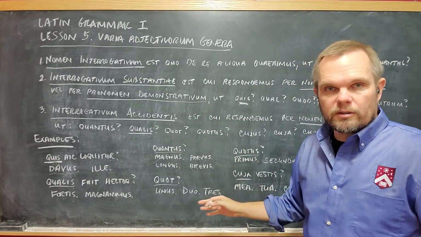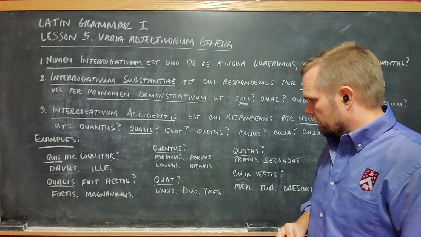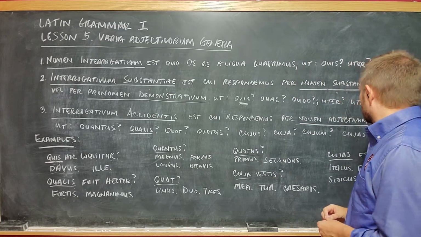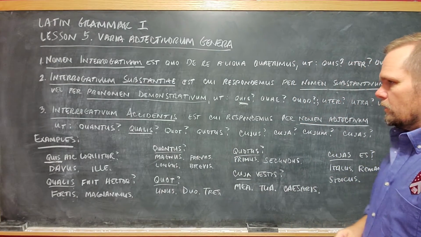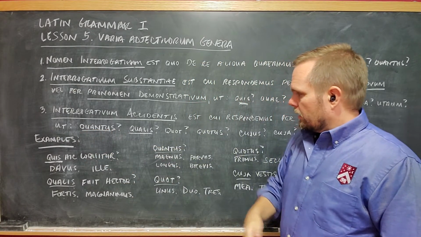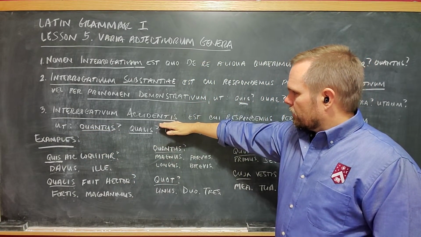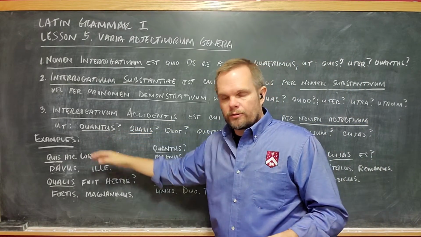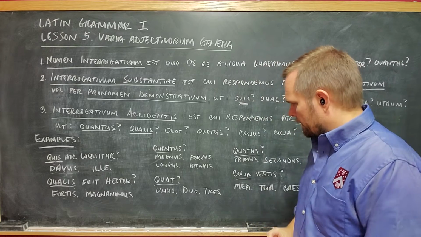And Alvarez gives us a bunch more, which we might as well look at. Second, he gives us quantus, which we see right here. Okay, the first one he lists. The interrogative of accident, quantus, which means how much. Okay?